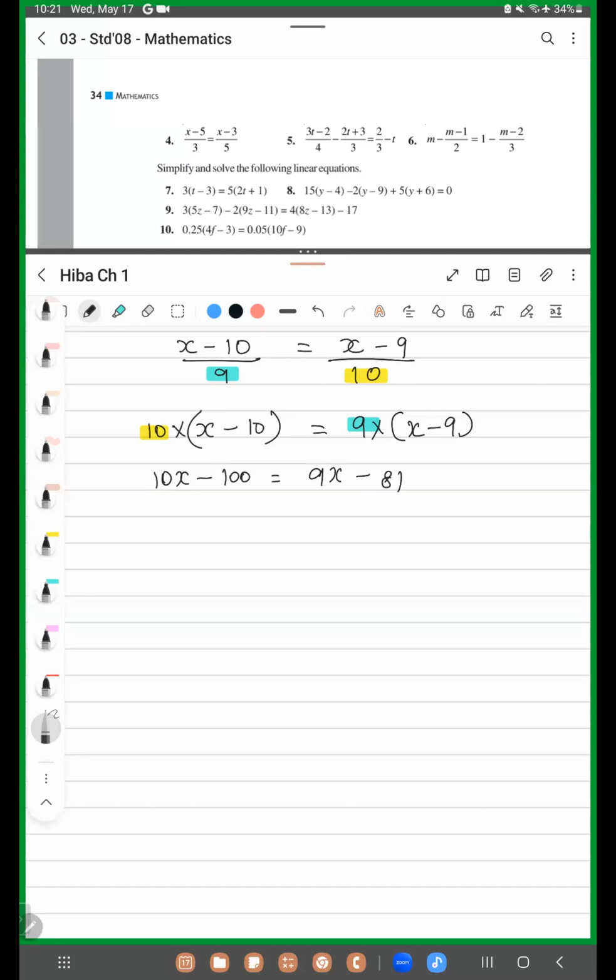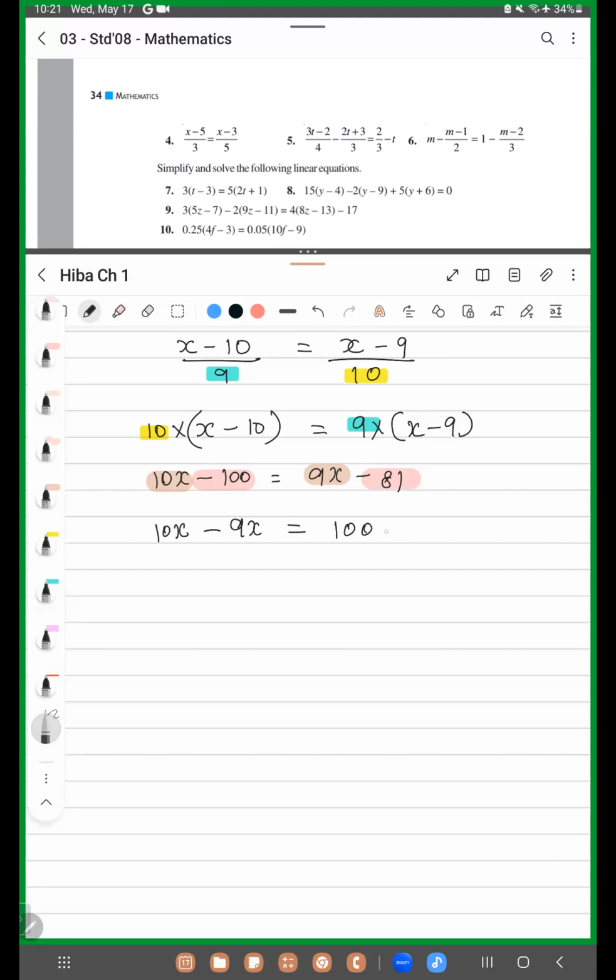We will bring the like terms together and then find the value of x. हाँ, फिर क्या हो जाएगा. 10x minus 9x is equal to minus 81 plus 100, right?